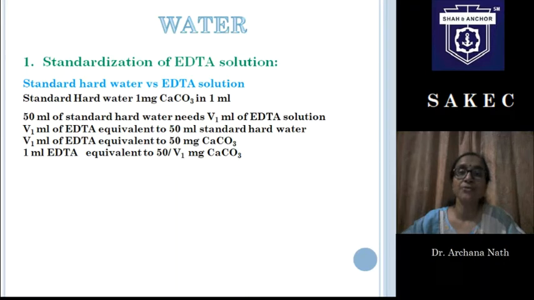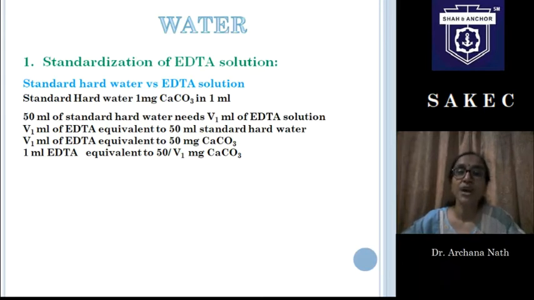Now for calculation, we are taking that volume as V1. So what we have written, 50 ml of standard hard water needs V1 ml of EDTA solution. Now what we have to calculate from this step is the amount of calcium carbonate which is equivalent to 1 ml of EDTA. So V1 ml of EDTA is equivalent to 50 ml of standard hard water.